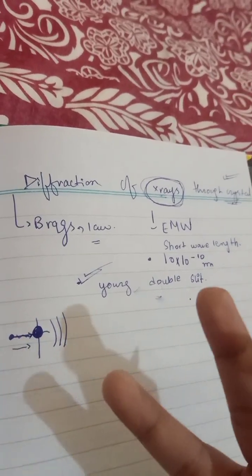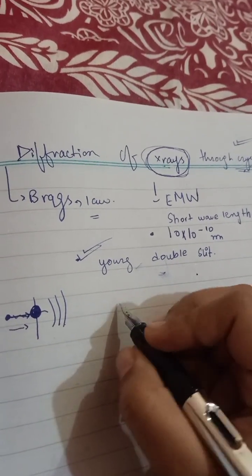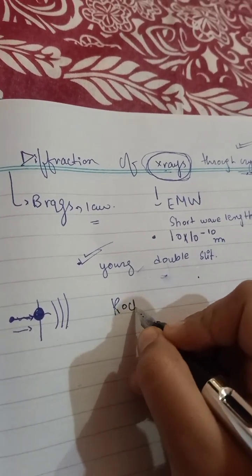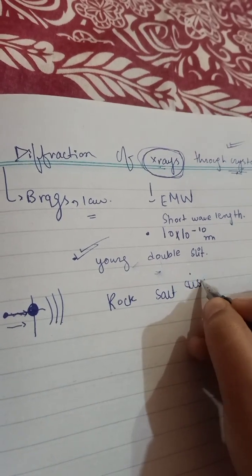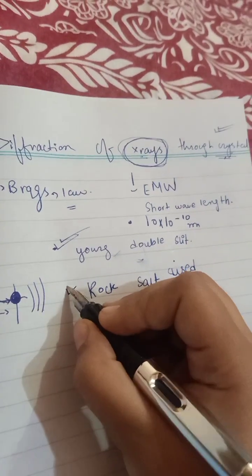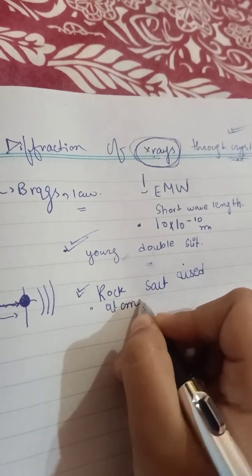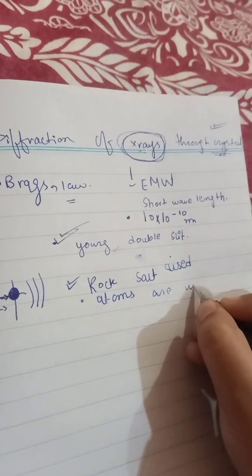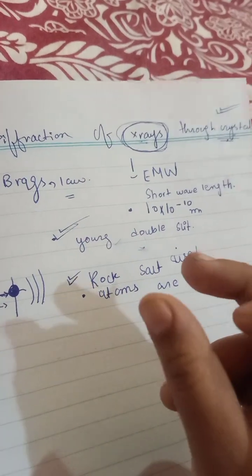Why crystal? Let's see. First of all, rock salt is used. We are doing the diffraction of X-rays by a crystal, so rock salt is used, and the atoms are uniformly arranged, like equally spaced.